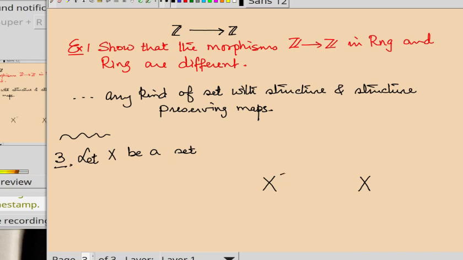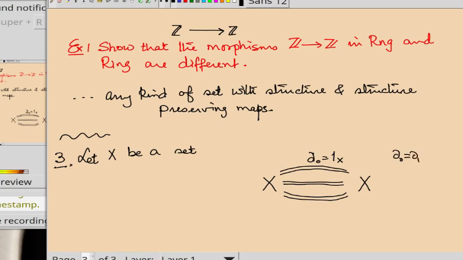And my partial 0 is the identity map. Partial 1 is the identity map, and so also is the E. Okay. Now, let us see what I am trying to do. Obviously, I have partial 0, partial 1 and E all as the identity of X.